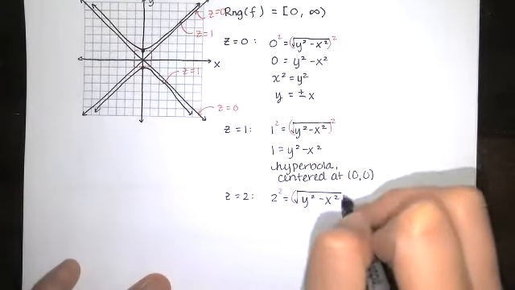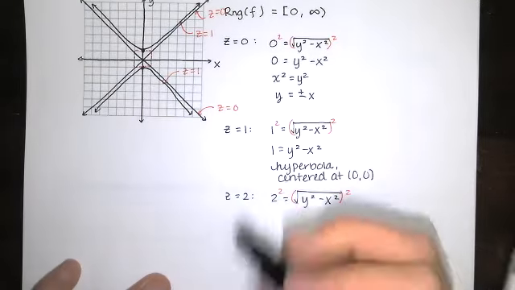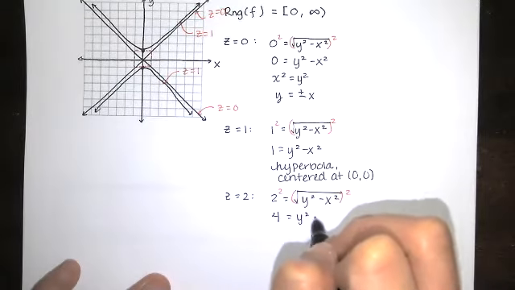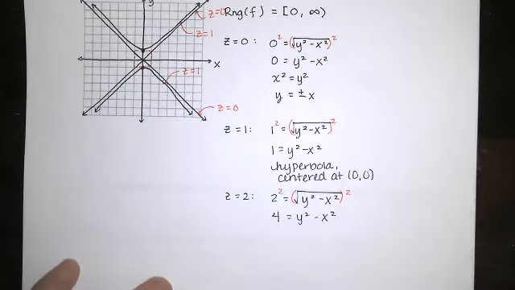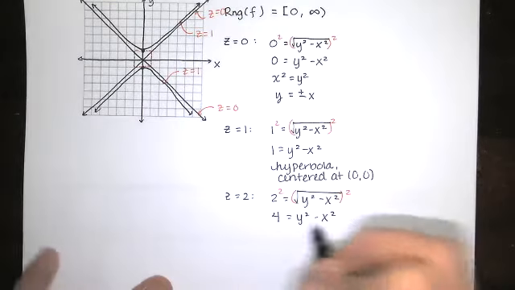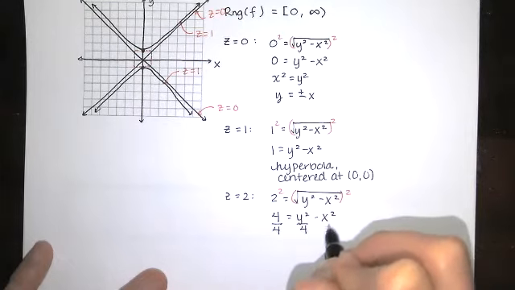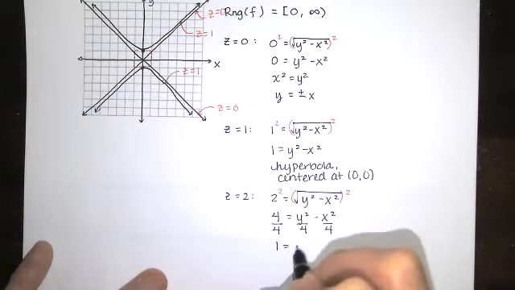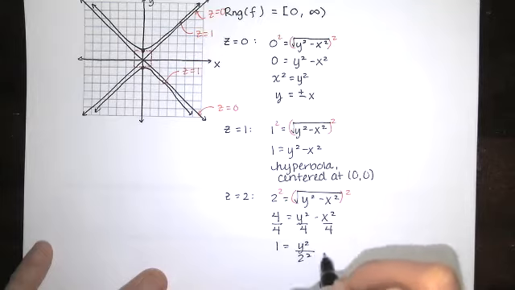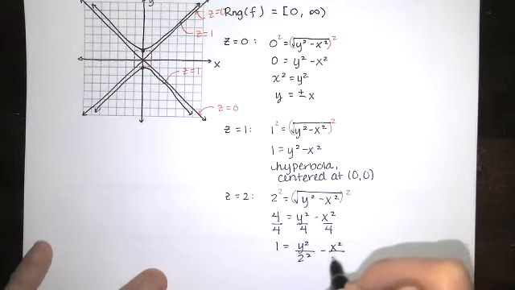Square both sides. And now I've got 4 equals y squared minus x squared. Now the standard form for a hyperbola has a 1 on one side, so we'll divide everything by 4. And if you want, you can write that 4 as a 2 squared.